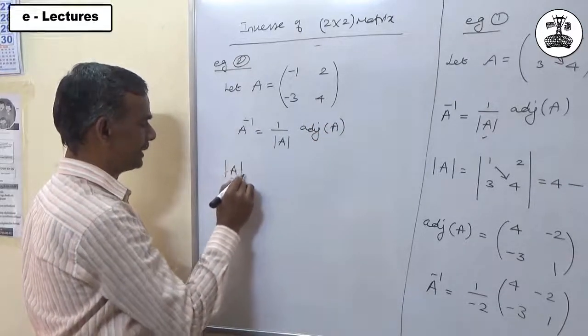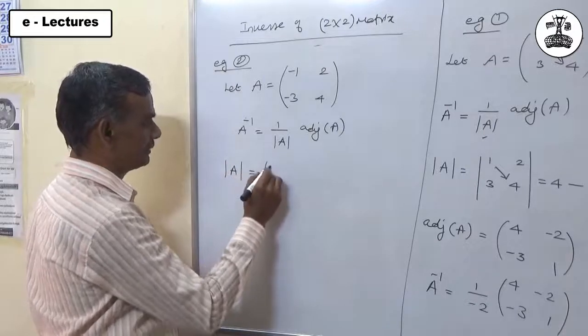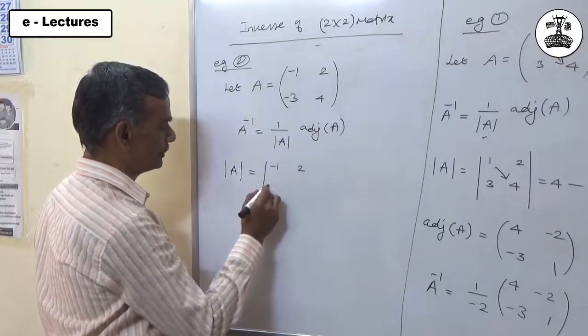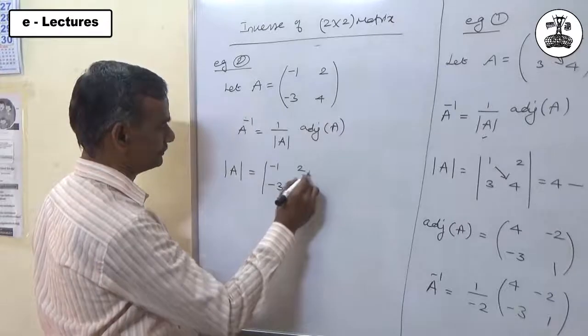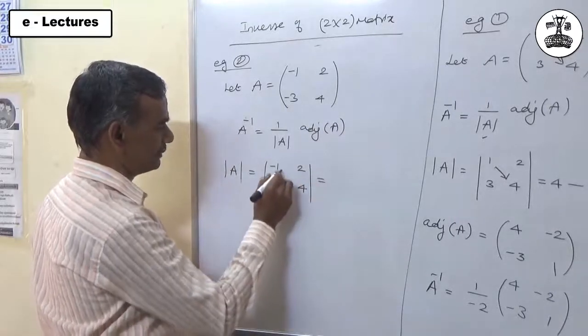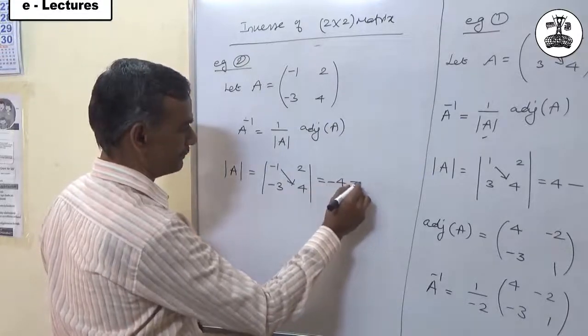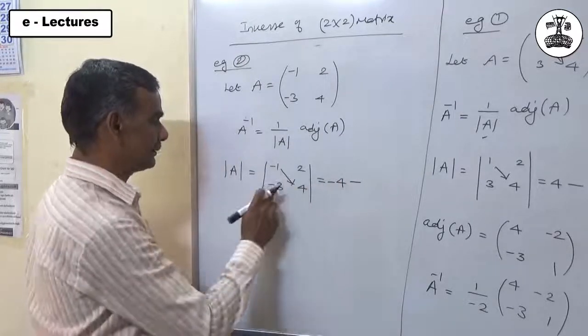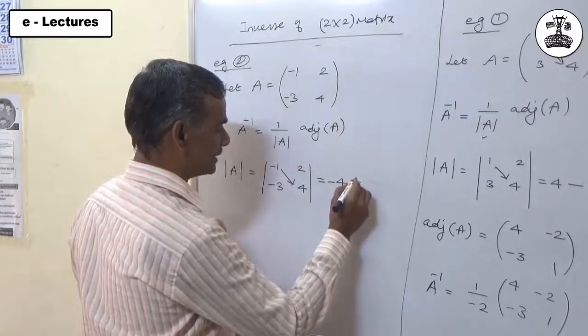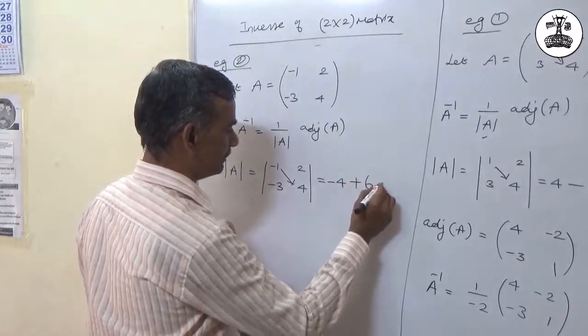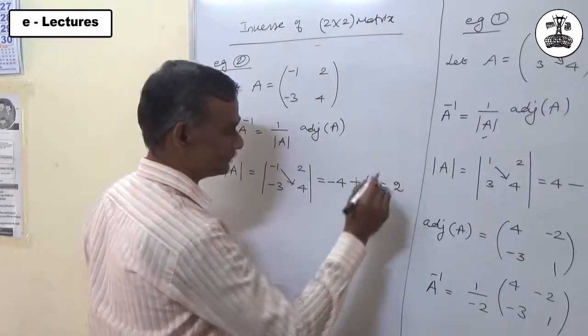So determinant A is equal to determinant -1, 2, -3, 4. This is equal to -1 into 4, -4. Put a sign minus. 2 into -3, -6. அப்போ மைனஸ் என்ன ஆயிரும்? ப்ளஸ் ஆயிரும். So -4 + 6 equal to 2.